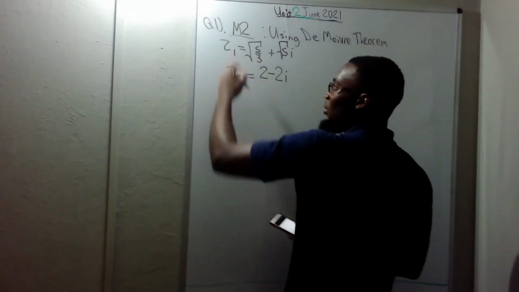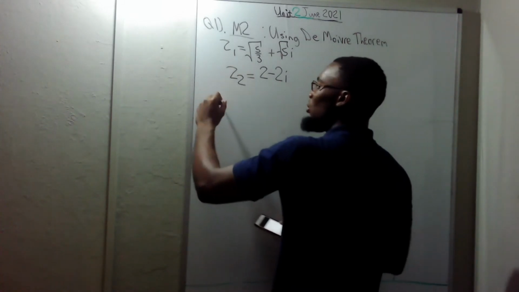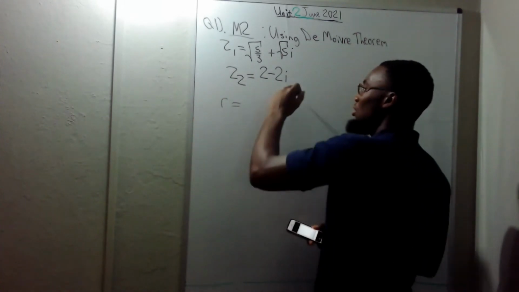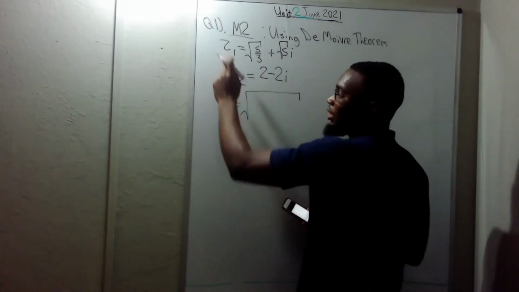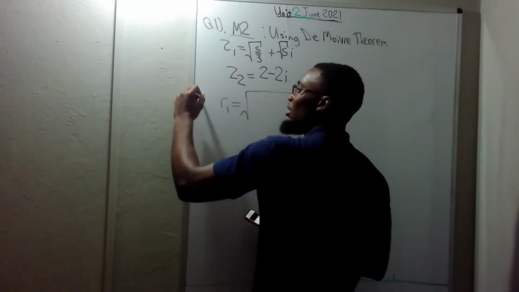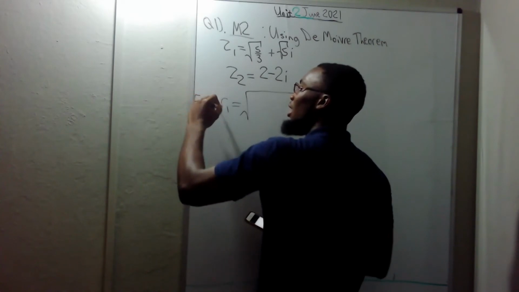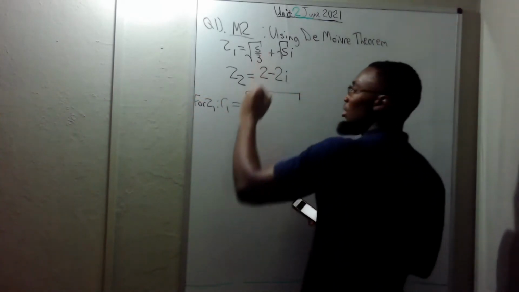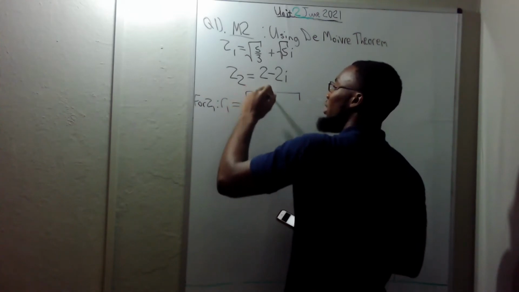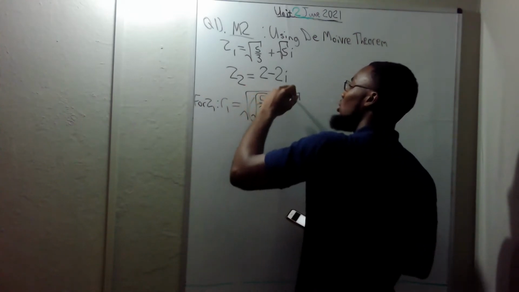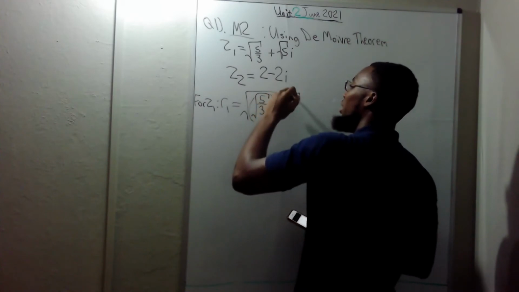So for z1, we know that r would be equal to the square root, let's call it r1. For z1, r1 is equal to the square root of 5 over 3 squared plus root 5 squared.